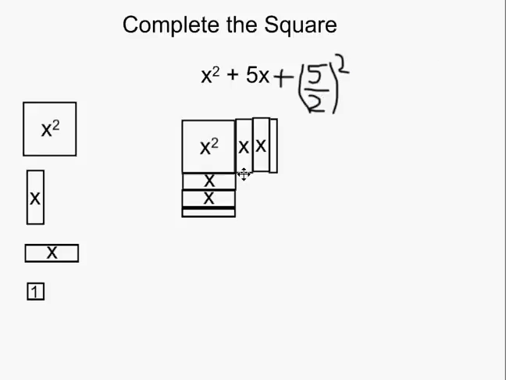Or if we're thinking about this as fractions, 2.5 you can write as 5 halves, so I'd be adding 5 halves squared. And when I complete that square, what perfect square does it become? It's just x plus 5 halves quantity squared, right? Because we'd have x plus 2.5, or 5 halves, times x plus 5 halves.